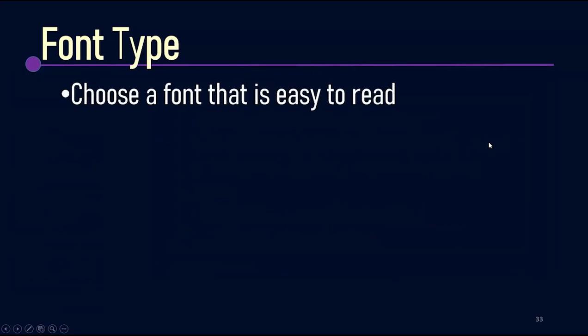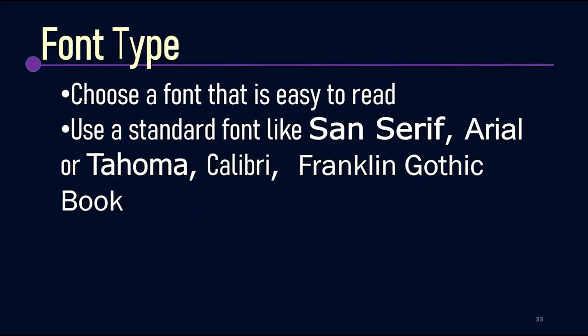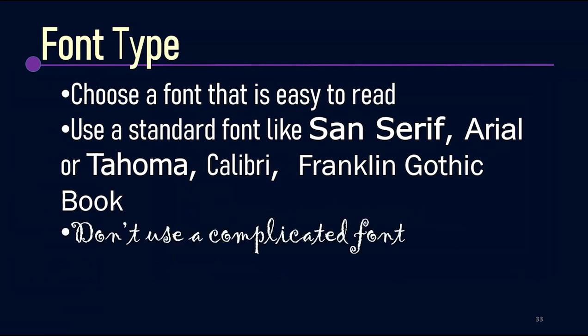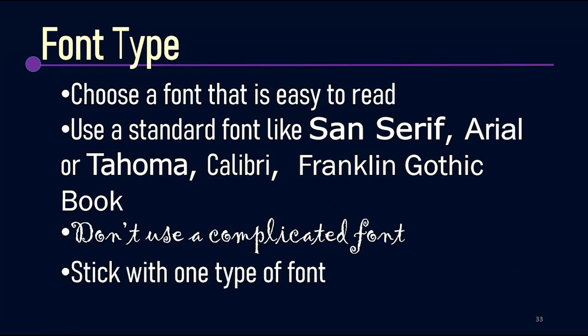Regarding the font type, choose a font that is easy to read. For example, use a standard sans serif font like Arial, Tahoma, Calibri, Franklin Gothic Book, etc. Don't use a complicated font, and stick with one type of font for one PowerPoint presentation. Otherwise the audience will be distracted.